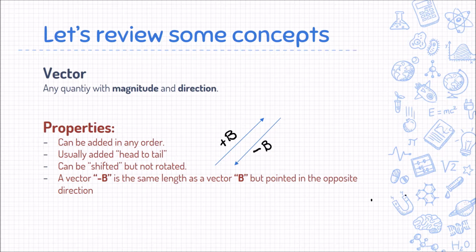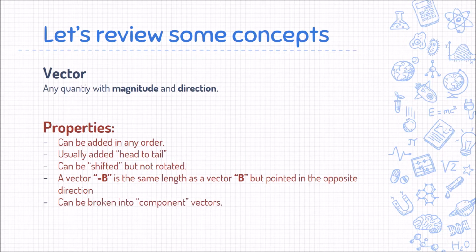And the last property of vectors that we need to remember today is that they can be broken into component vectors. So if we have, again, our vector B, it has some component going up, which we usually call the y direction, and it has some component vector going to the side, which we usually call x.